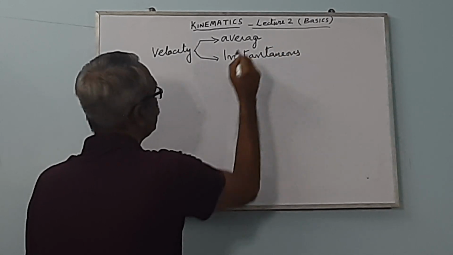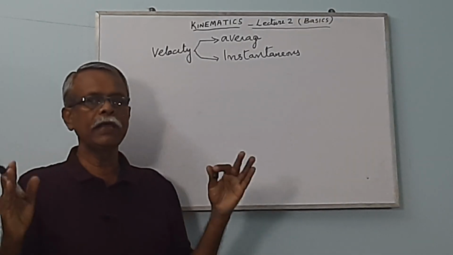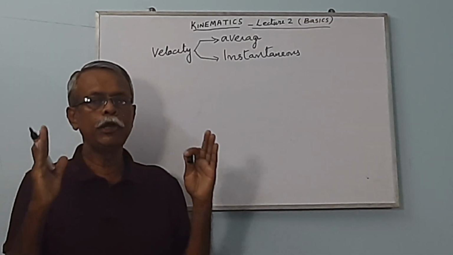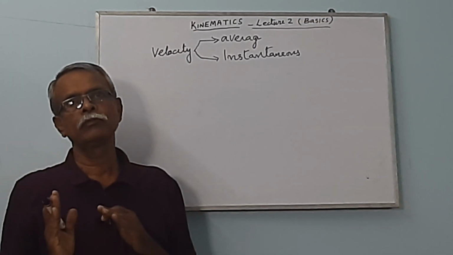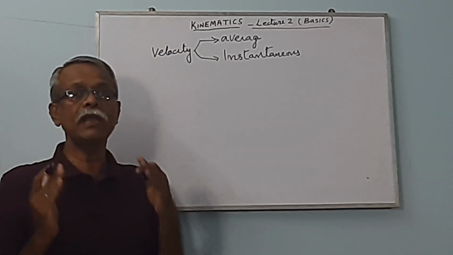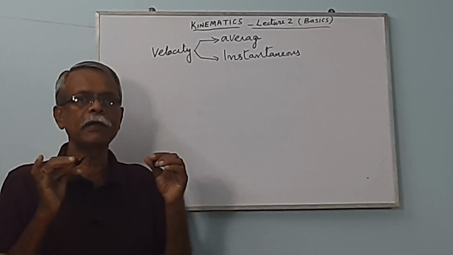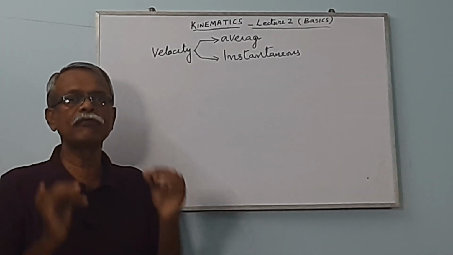Average means we average the velocity during a particular duration of time. That is what we mean by average. Instantaneous means we are considering the velocity at a particular instant of time.